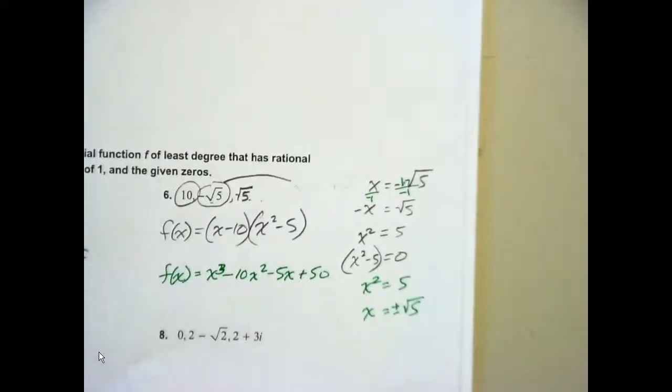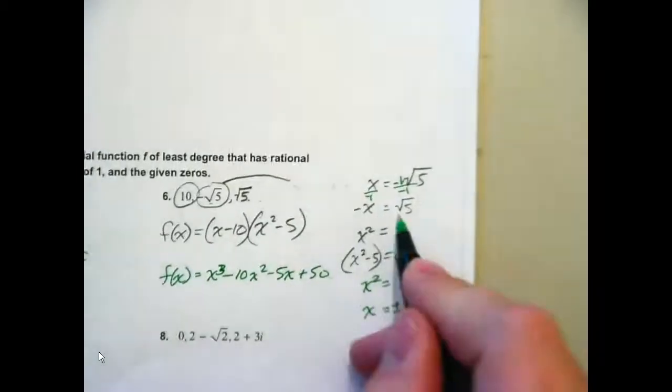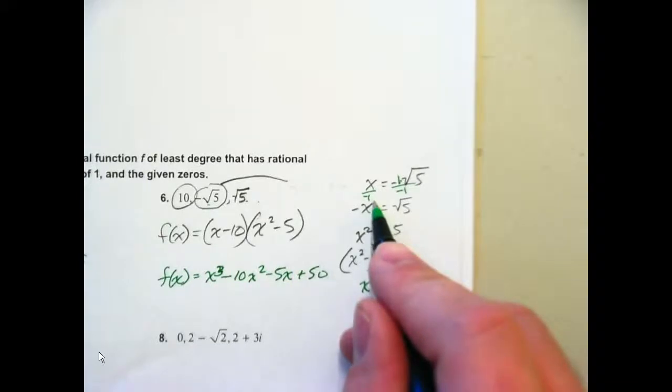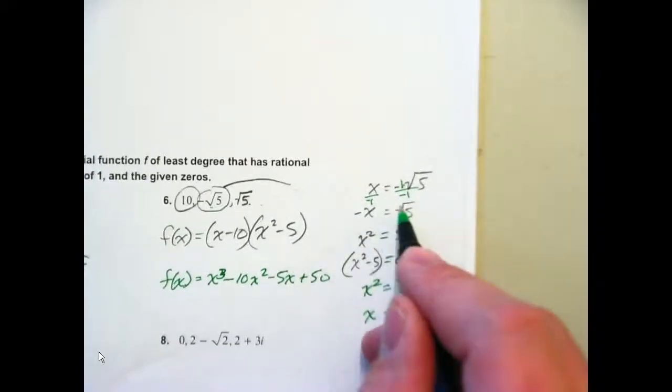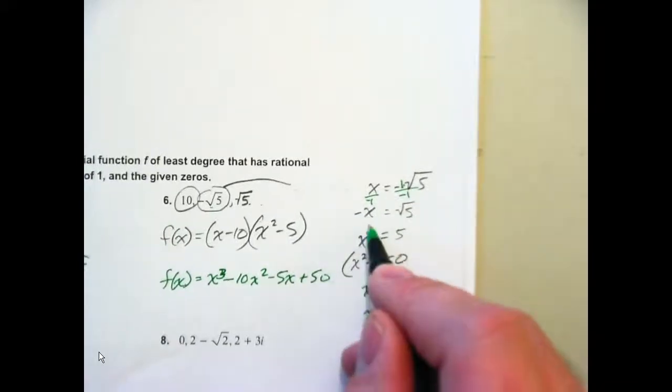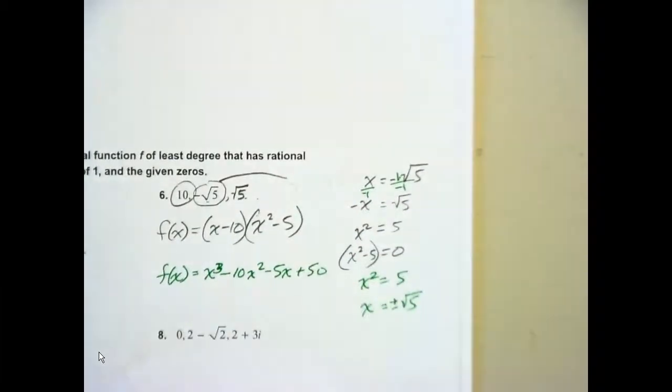Okay? To go from here to here, I square this side. Negative times negative is positive. Okay?